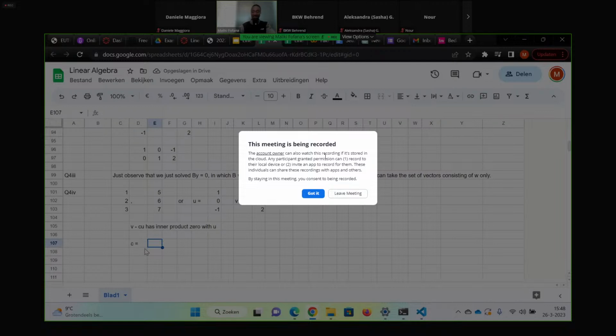We have minus U, which will multiply, again, this is my sign of multiplication, by V, and then we divide it by U times U. And in that case it equals minus 1.